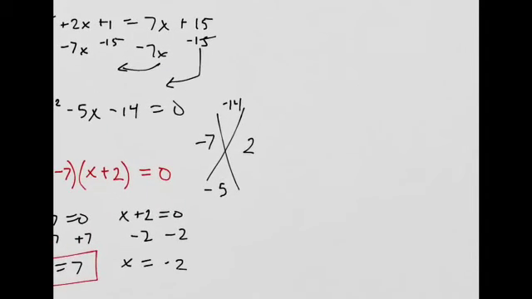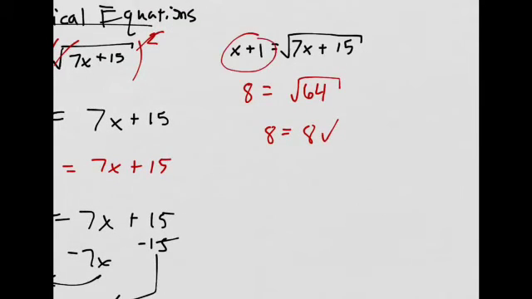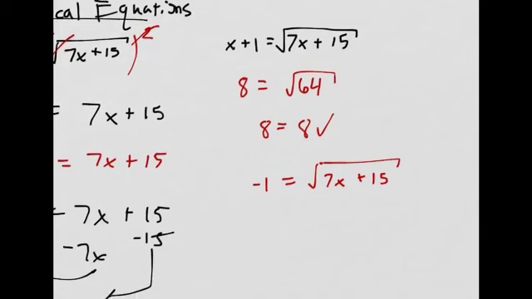Great. Now I will try negative 2. And I'll plug in the negative 2 to this. Ah, here we go. Immediately you could tell. You don't even have to do the rest. Negative 2 plus 1. That's negative 1. Well, I can't have a square root, a positive square root even, because it's positive there. I can't have it equal a negative number. There's no such thing.